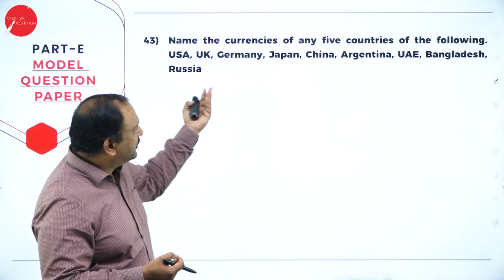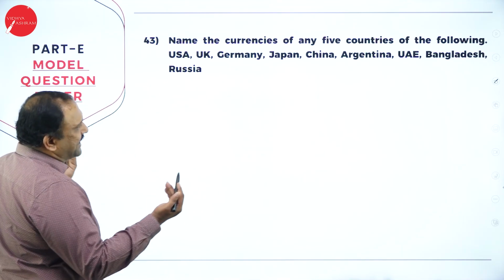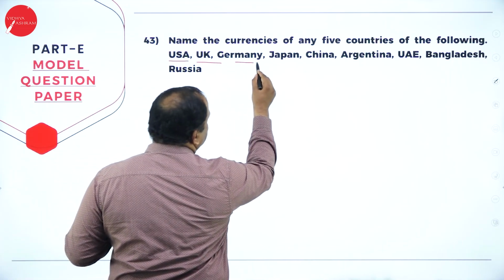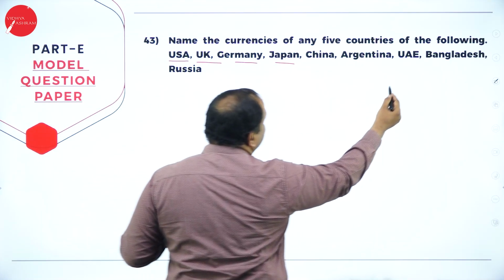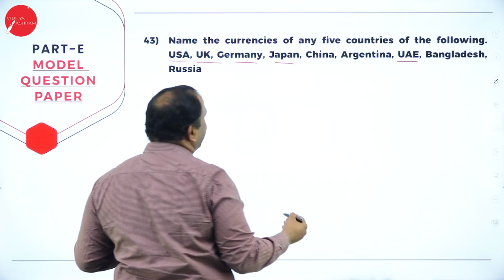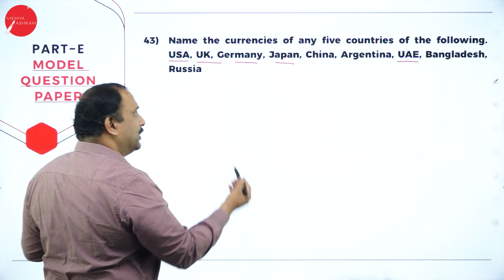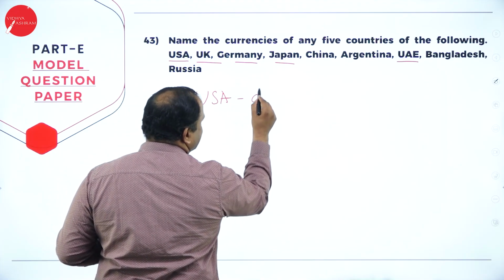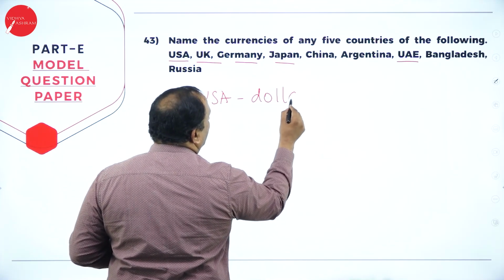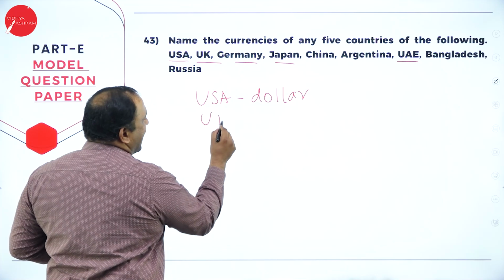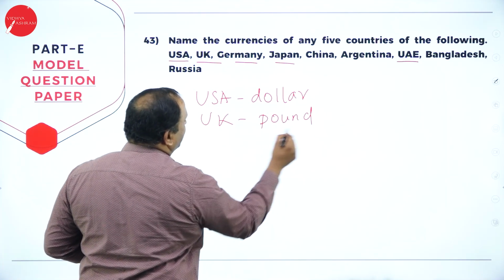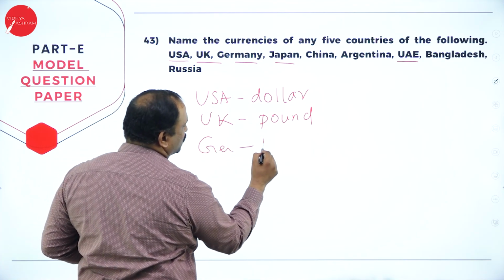Now, we can write down the values here. Just take any 5. I would go with USA, UK, Germany, Japan, and I would like to go with UAE, which is easier for us, or even you can go with China. For USA, the answer is dollar. Now for UK, the answer is pound. When we go for Germany, it is euro.